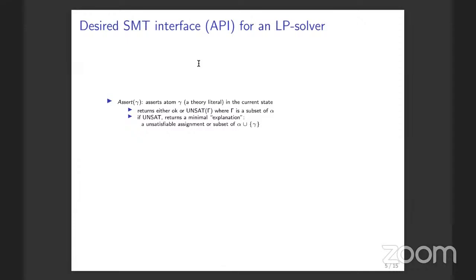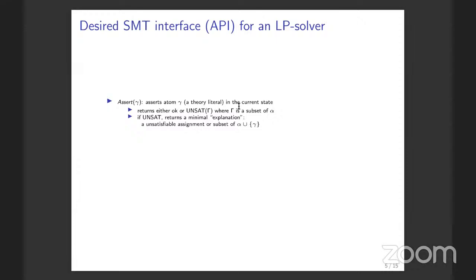Okay, so what is the typical API to an LP solver acting like a theory solver inside SMT? Like I said, it has to be able to assert on demand an atomic formula, a theory literal, in the current state, kind of incrementally.